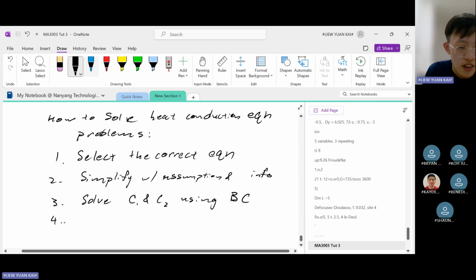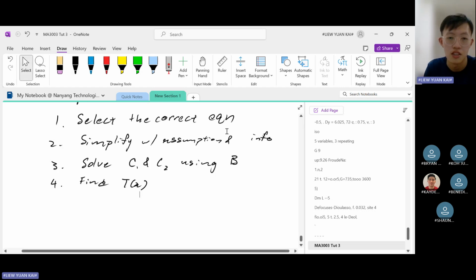And then number four, find T of X, the temperature distribution. Okay, T of X is called the temperature distribution.